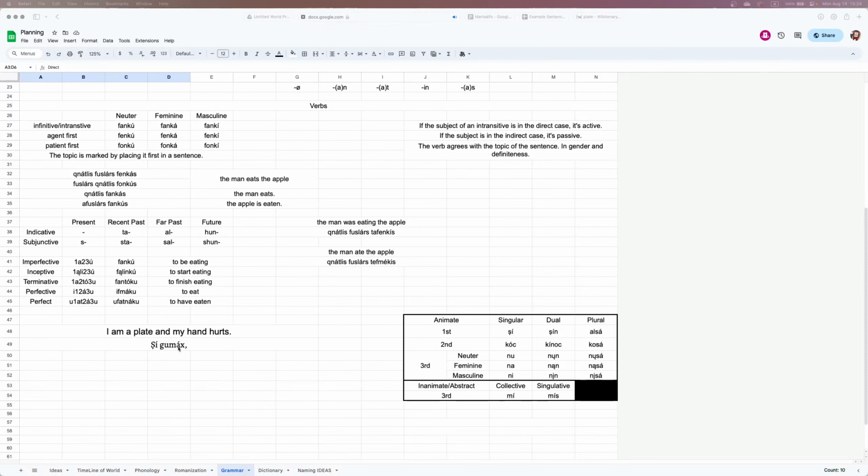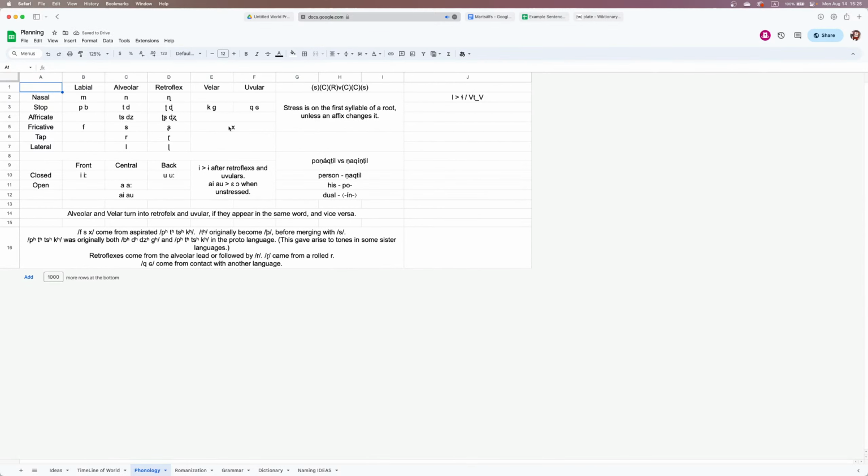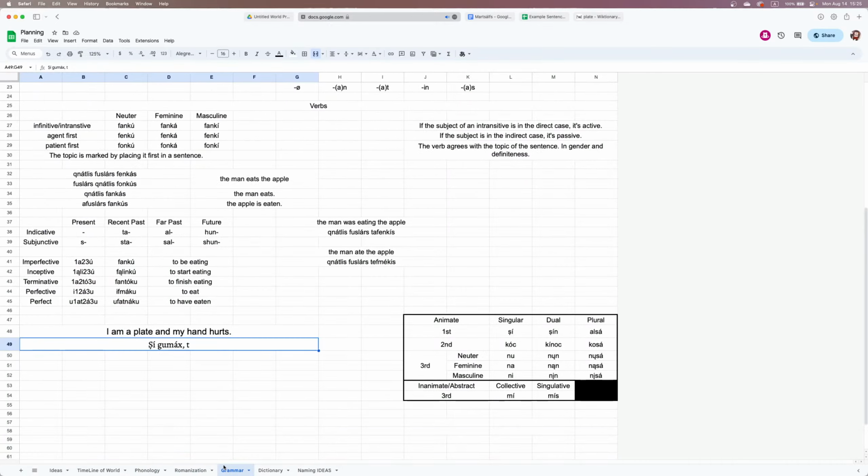So now the word for and. Ta. Actually, what are the phonological restrictions? So, any consonant and then a resonant. So let's do kla as the word for and.